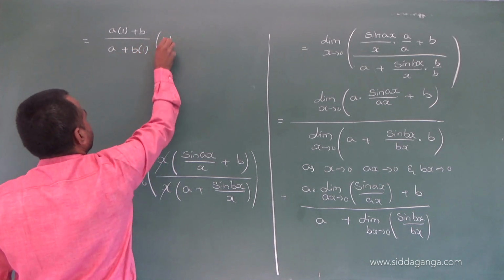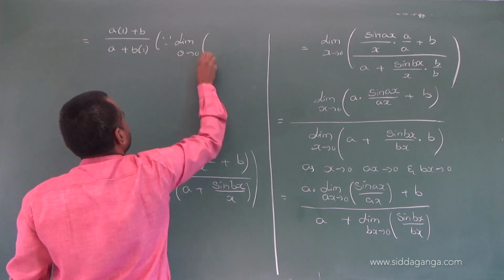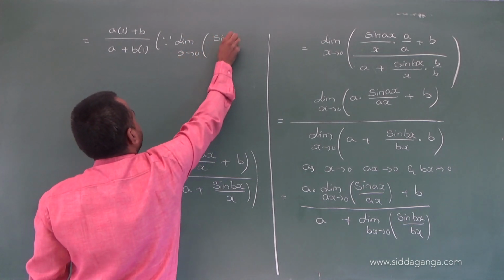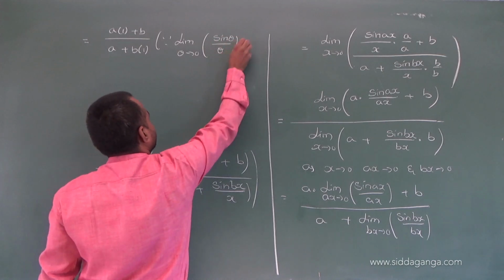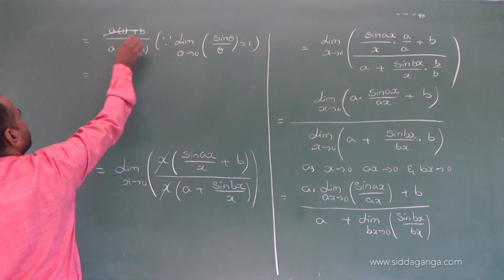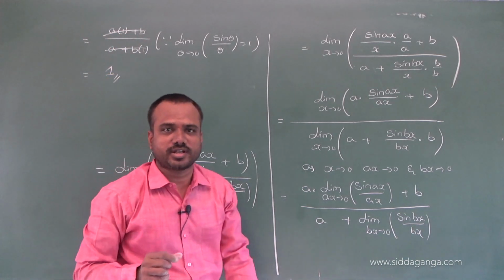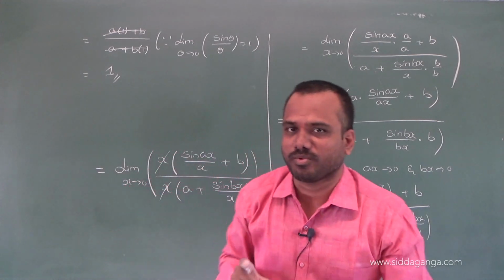The reason is limit theta tends to 0 of sin theta divided by theta is equal to 1. So the answer is 1.